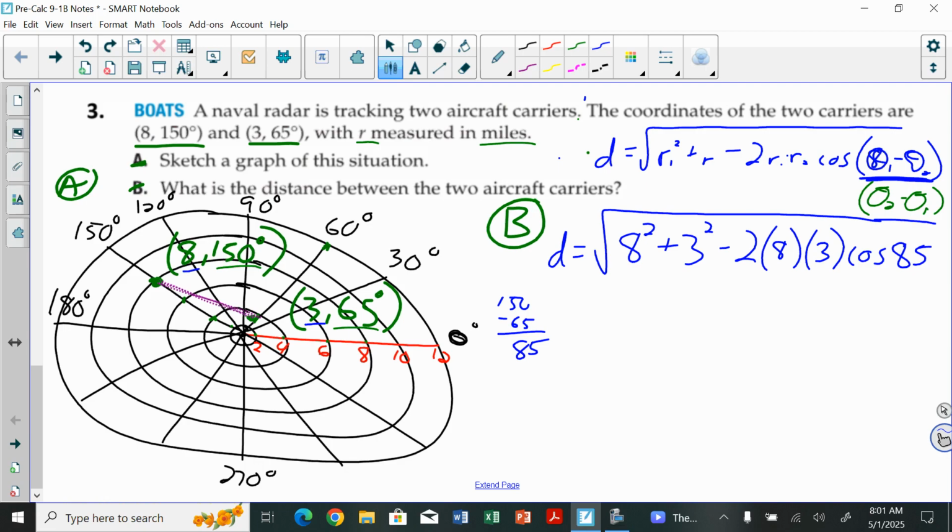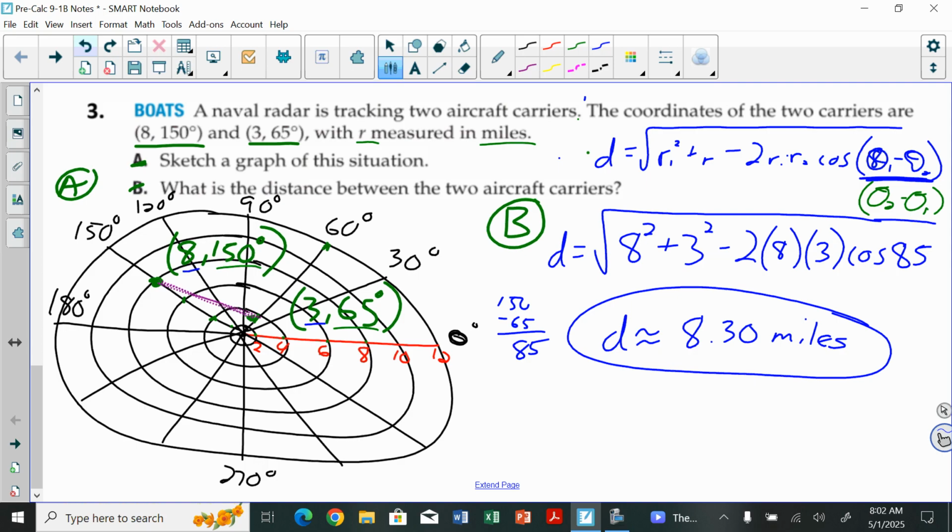So I'm going to do the cosine of 85 in there. And then I can punch all that in the calculator, just like that, cosine should work for you. Take the square root at the end, and you're going to get about 8.3 miles. That's what we're dealing with, miles.